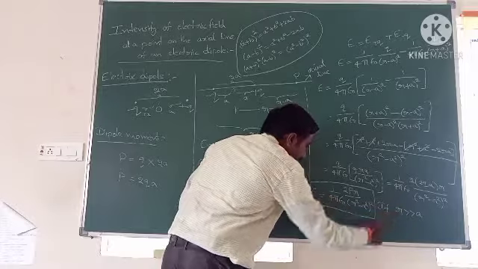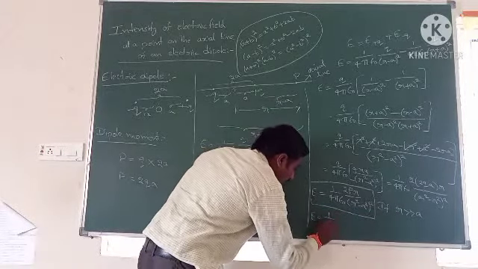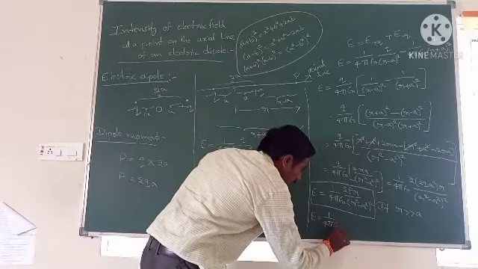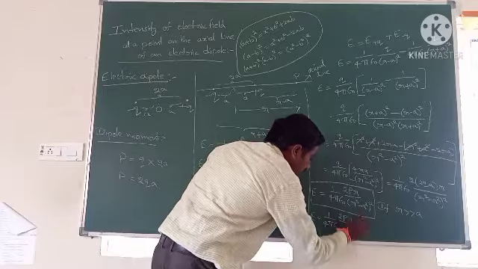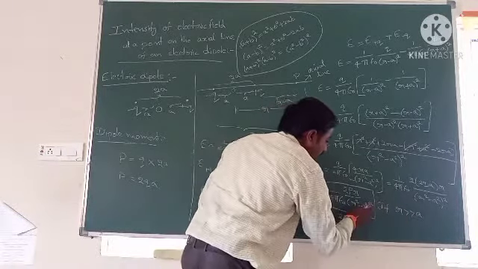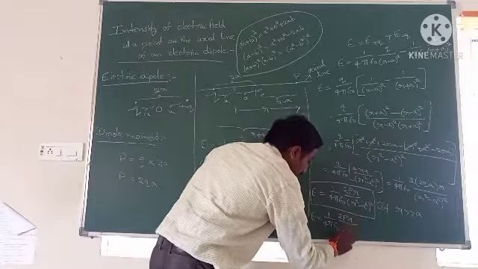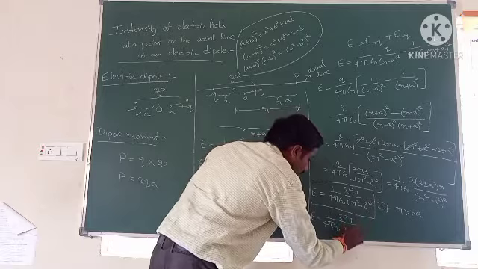So after this condition, what do you get? E equals 1 by 4 pi epsilon naught, 2pr divided by, here a will be cancelled, I mean the value of a will be negligible. Then you get r square again square, so r to the power 4.